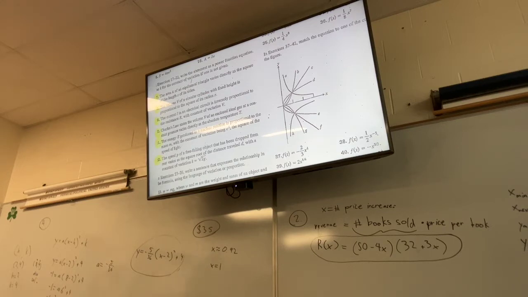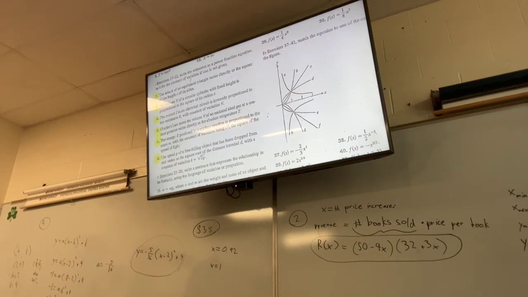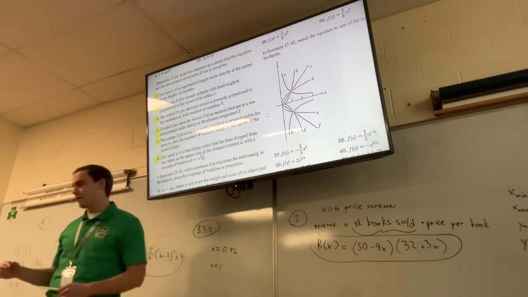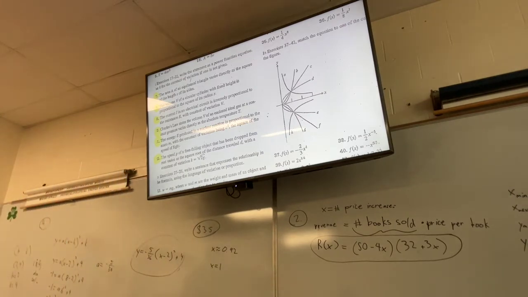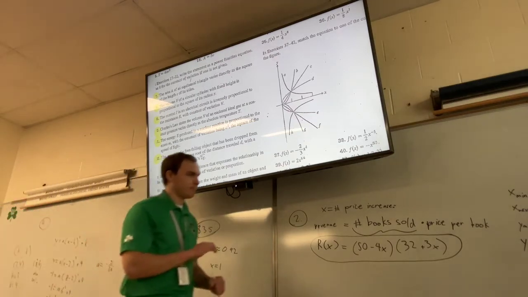So number 17, the area of an equilateral triangle varies directly as the square of the length s of its sides. How do I write that? Area varies directly to the square of its side. Anyone have any idea?